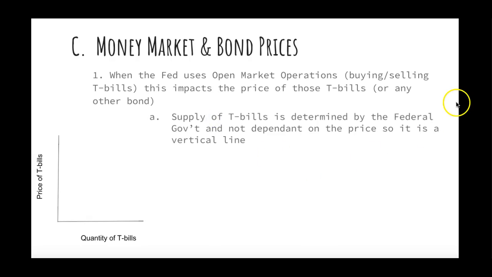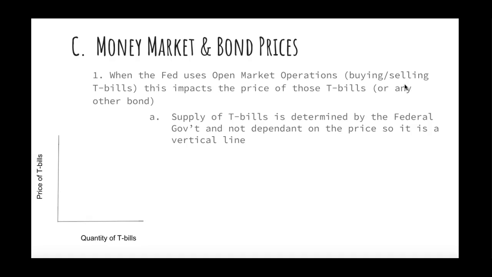Now, the supply of treasury bills is determined by the federal government, because if you remember, treasury bills are basically loans to the U.S. Treasury. The federal government will decide how much they're willing to offer, how many loans they need, basically. So the supply of treasury bills is not dependent upon the price.